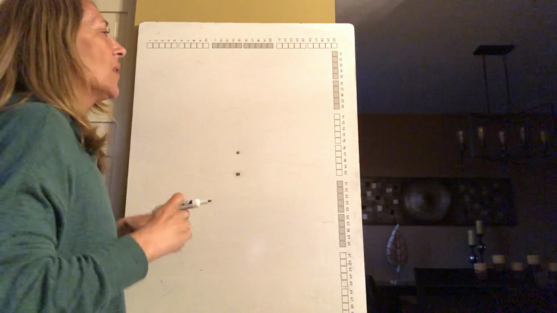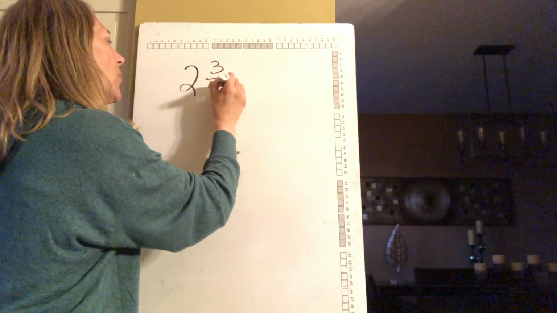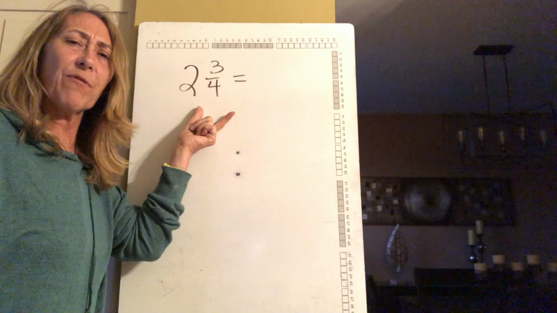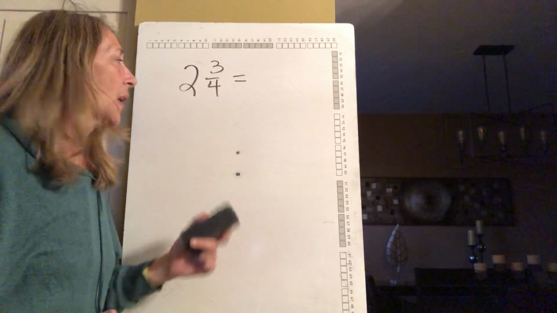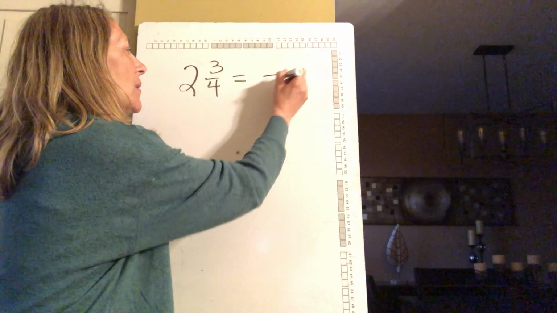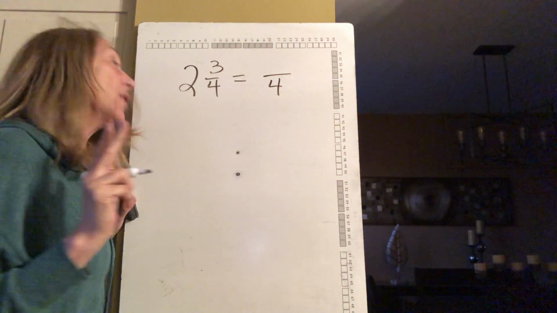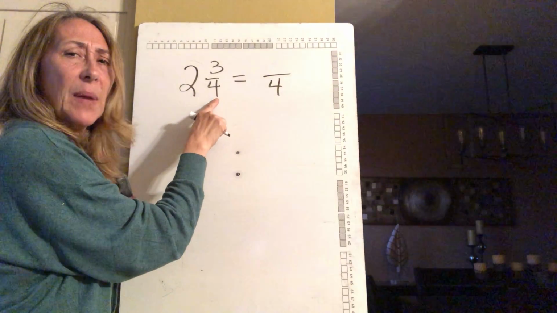If we need to switch 2 3/4, which is a mixed number because I have some wholes and I have some fractional pieces, I'm going to make this a fraction greater than a whole. My size pieces are fourths. That means I have 2 wholes. We can do this 2 different ways. 2 wholes means that would be how many fourths to make a whole?